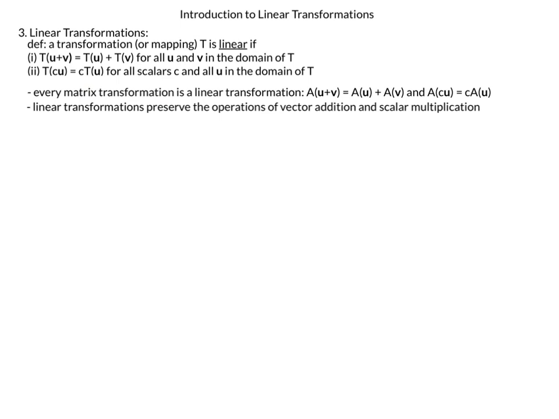So every matrix transformation is a linear transformation. And we saw that when we looked at matrix multiplication, that A of u plus v is equal to Au plus Av, and A of Cu is equal to C Au. And here's that statement again. Linear transformations preserve the operations of vector addition and scalar multiplication.